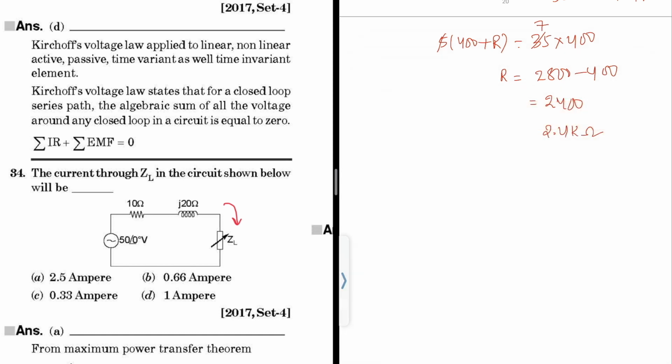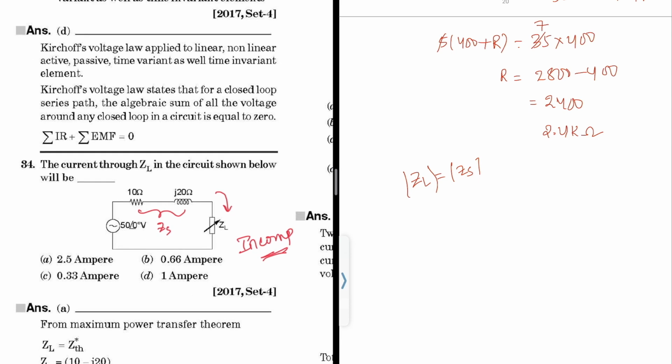So when maximum power is transferred, ZL equals the conjugate of ZS. So I think this is the question. This is an incomplete question, because here in the question it is not mentioned maximum power.